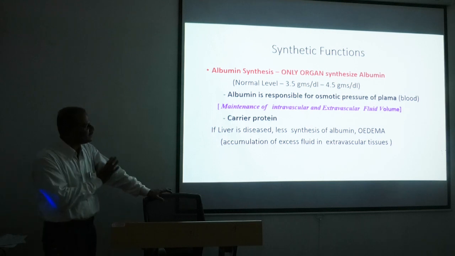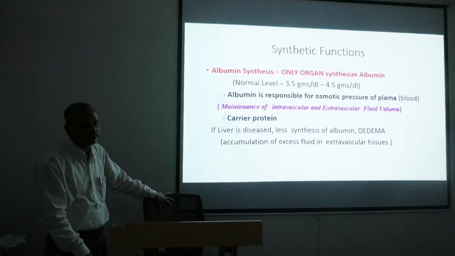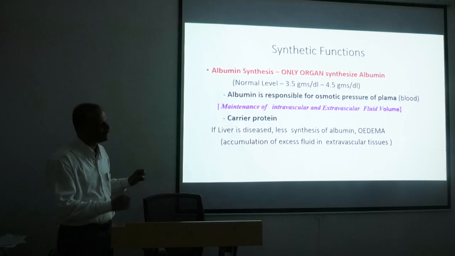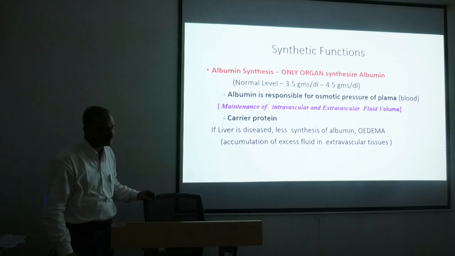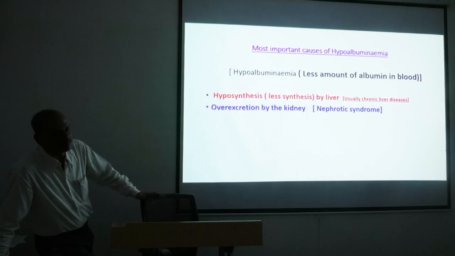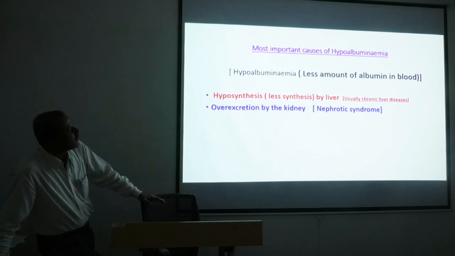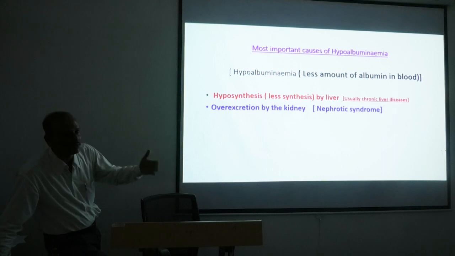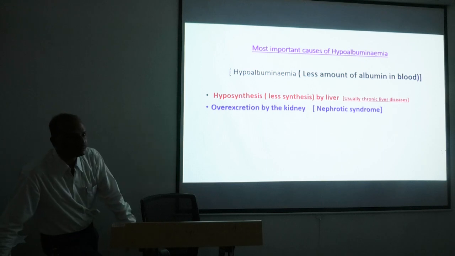So if the liver is diseased, there is less synthesis of albumin, and that will cause accumulation of excess fluid in the interstitial or extravascular spaces. The most important causes of hypoalbuminemia, meaning less albumin in blood: one is hyposynthesis by the liver, which occurs in chronic liver disease, not in acute, because in the acute we have an adequate amount of storage and there will be no deficiency.